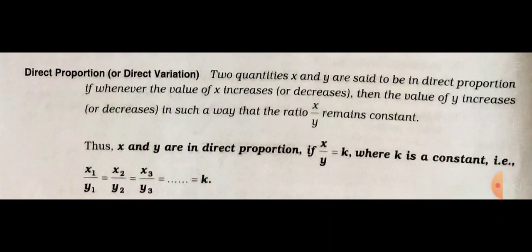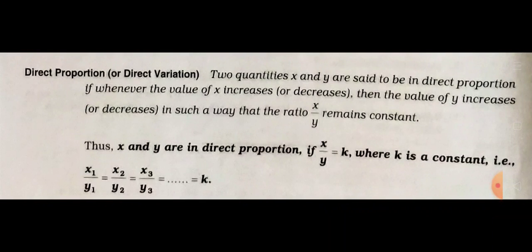Here you can see the example also: x1 by y1 is equal to x2 by y2 is equal to x3 by y3 is equal to, up to n terms, is equal to k. It means that each and every ratio is always constant.